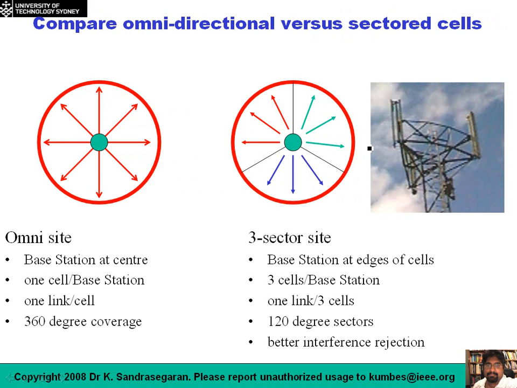Also, because we have fewer base stations, there's a move from omnidirectional sites, where you have one antenna, to sectored cells, maybe with 3 sectors or 6 sectors, and with these we can achieve a much larger coverage with one particular base station site.